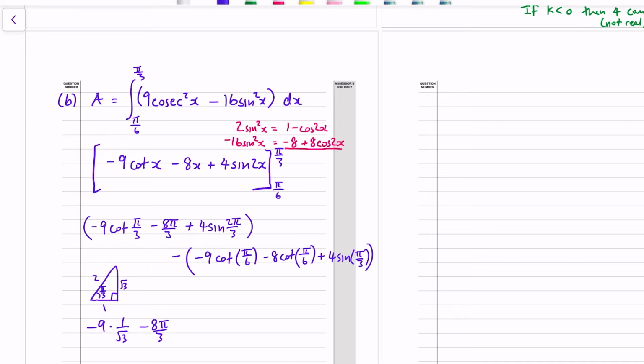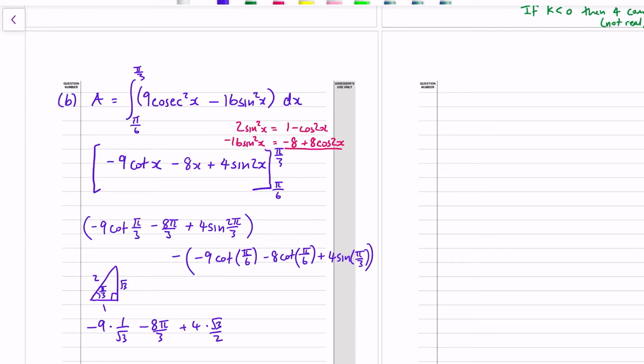And then sine of 2 pi over 3. We could use a double angle formula for that. Or we could look at a trig graph of what sine looks like and work it out. Sine of 2 pi over 3 is root 3 over 2. So we've got 4 times root 3 over 2.